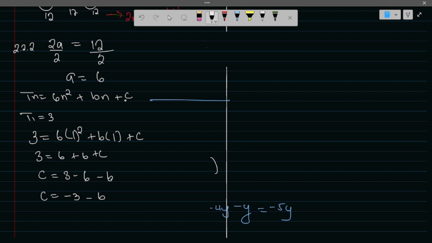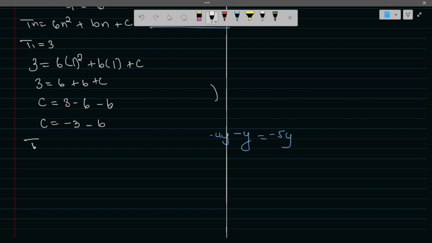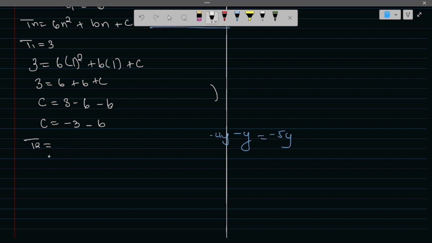So we already got most of our second answer. We got that our t2 equals 12, right? So now all you're going to say is 12 equals 6 times our second term squared, plus b times 2 plus c.